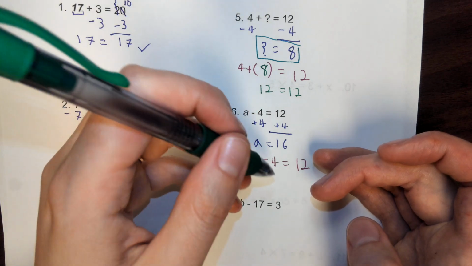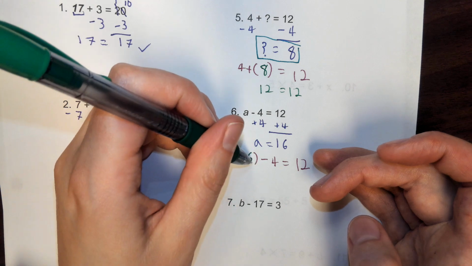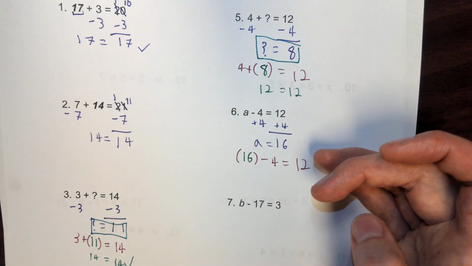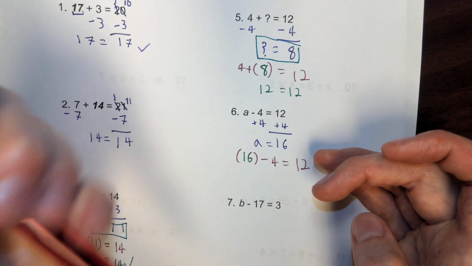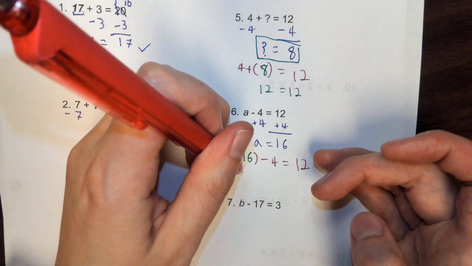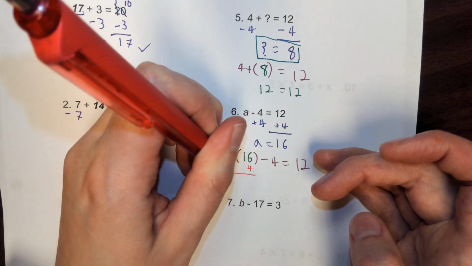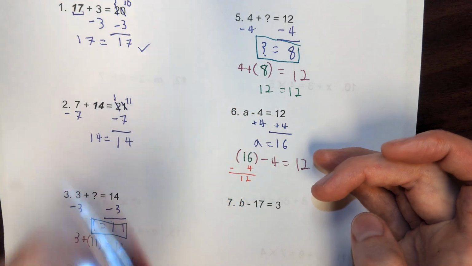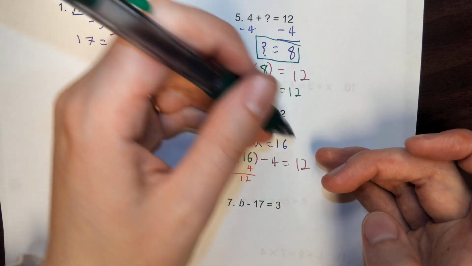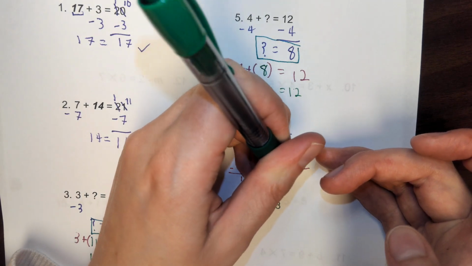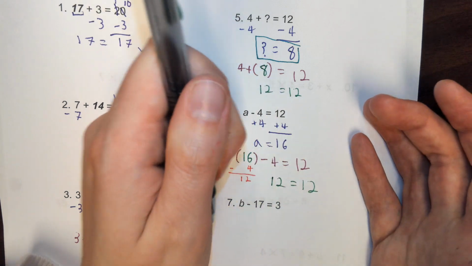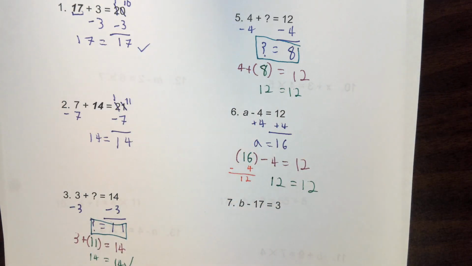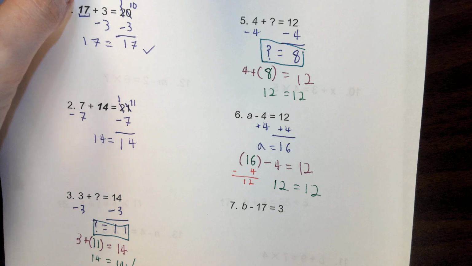I think it does, because if you count backwards, or you could even do that other way, where you stick the 4 underneath and subtract. 16 minus 4 is going to equal 12. 12, of course, does in fact equal 12. Last time I checked, at least. Alright, let's do number 7.